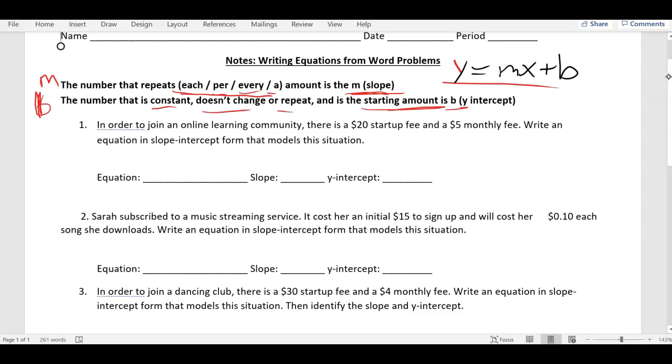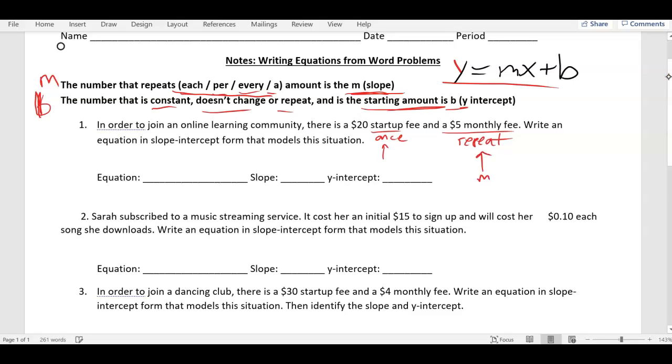Number 1: in order to join an online learning community, there's a $20 startup fee and a $5 monthly fee. Now you tell me, which one is changing? Is it $20 or 5? You only start up once. That happens once, but the $5 monthly fee repeats. That repeating one is the slope.